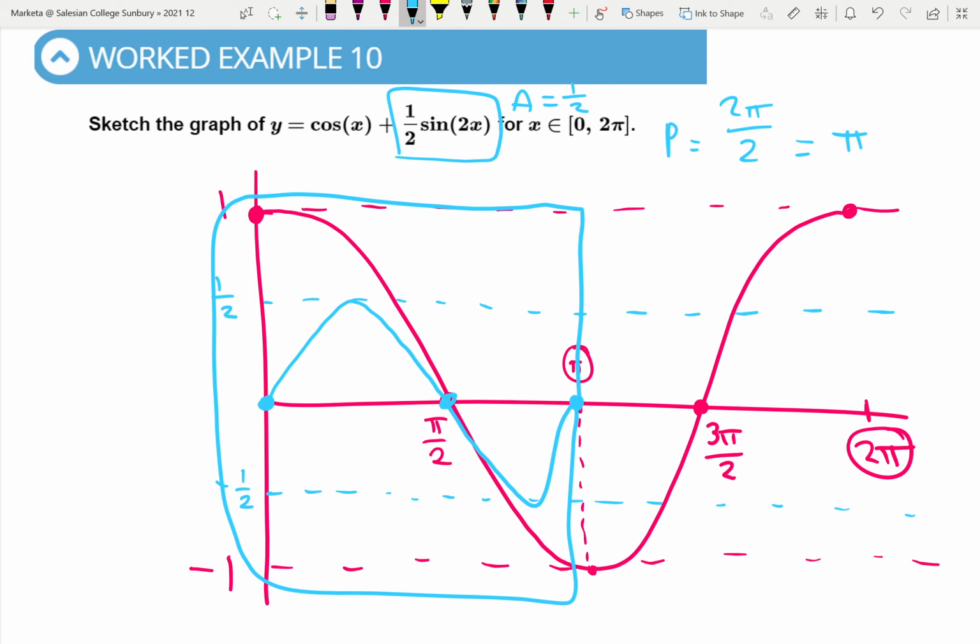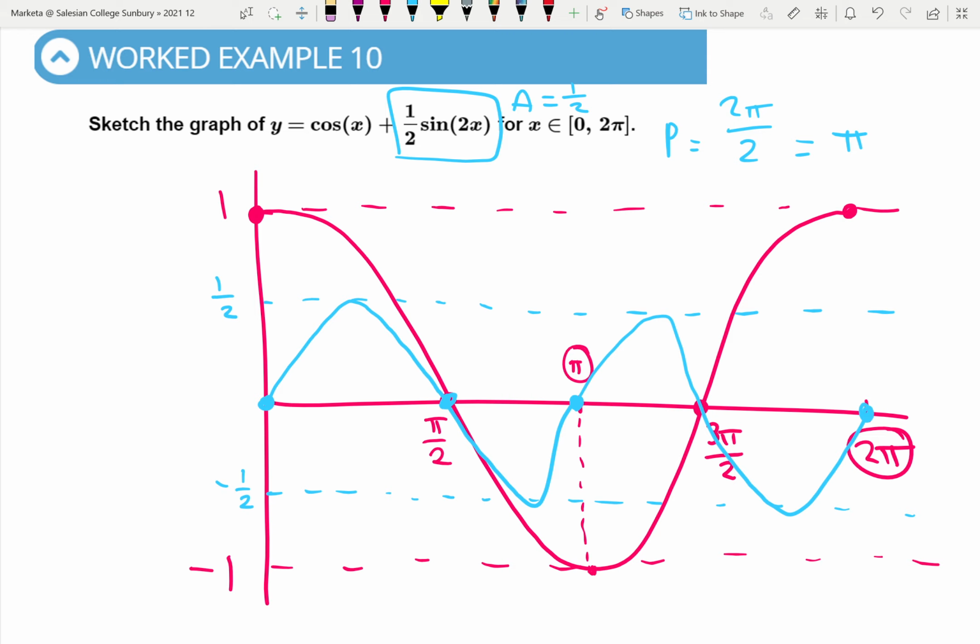And then my second cycle is going to go from pi to 2 pi, and it's going to pass through 3 pi on 2 there. So it's going to look like that. I'll just get rid of these boxes now. And these are the two original graphs, cos x and half sine 2x.